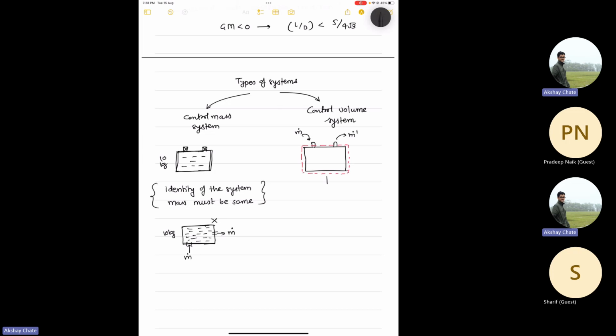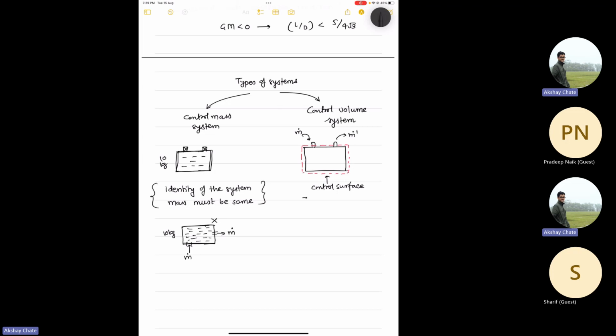Actually, the control volume is bounded by control surfaces. So you only care about this control surface. Whatever is inside, whatever mass it is, you don't care. Only that much volume you care about, and whatever is happening across it.